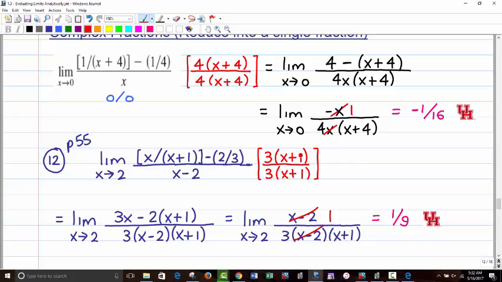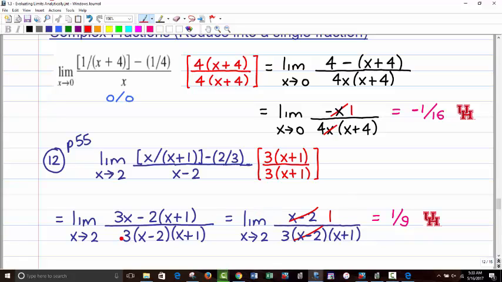This was the one from the last section that turns out being 1/9. So this one I used 3 times x plus 1 because those are the two denominators. So I multiply, the x plus 1s will cancel, it leaves me 3x. Here the 3s will cancel, so it leaves me 2 times x plus 1. So that'll basically be 3x minus 2x minus 2. So 3x minus 2x is 1x, and then minus 2 right there.